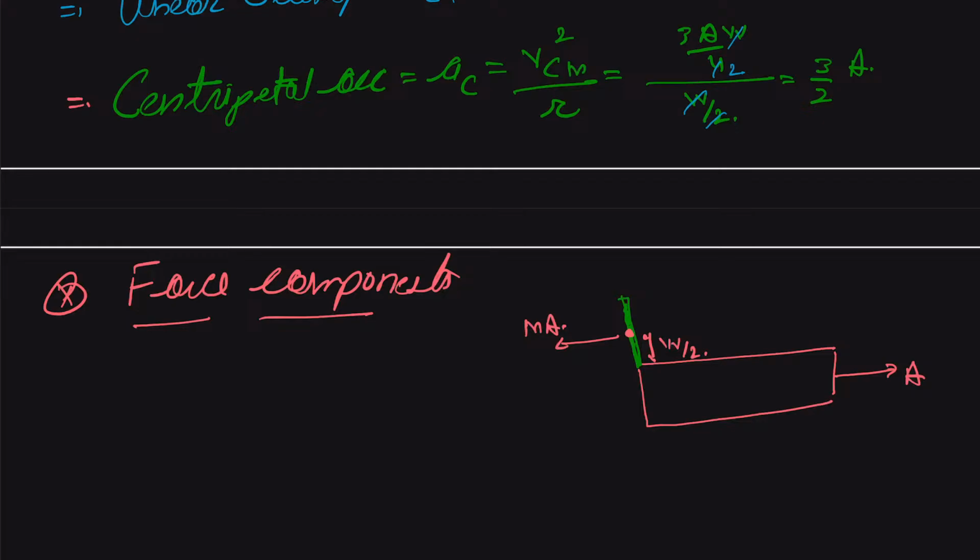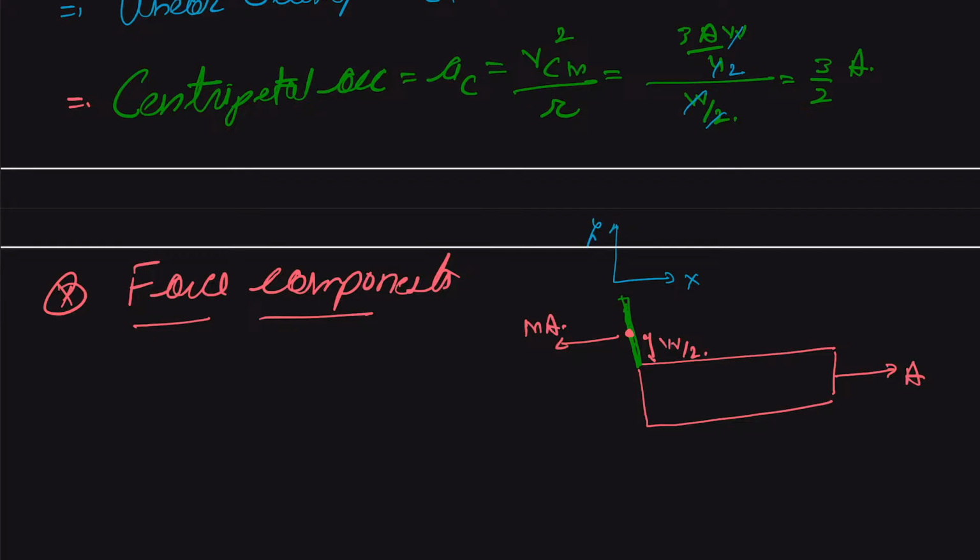Okay, total width is given as our w. And so this, the hinge, because there is only the force which is acting, if I draw, this is our x axis and y axis.